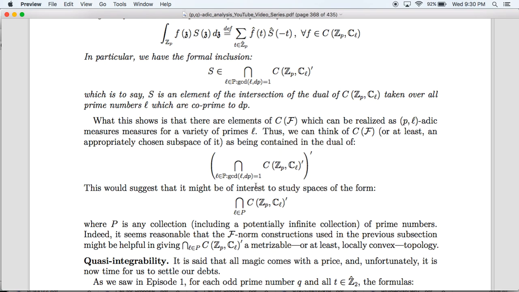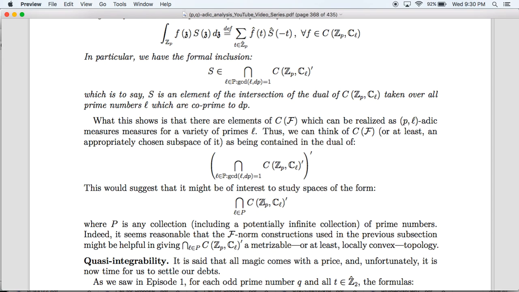So this would suggest that it would be of interest to study spaces which are given by intersections of L-adic measures over various collections, either finite or infinite, of prime numbers. Indeed, it seems reasonable that the F-norm constructions used in the previous subsection might be helpful in giving this Banach space a metrizable structure, or at least, actually, this is weird.